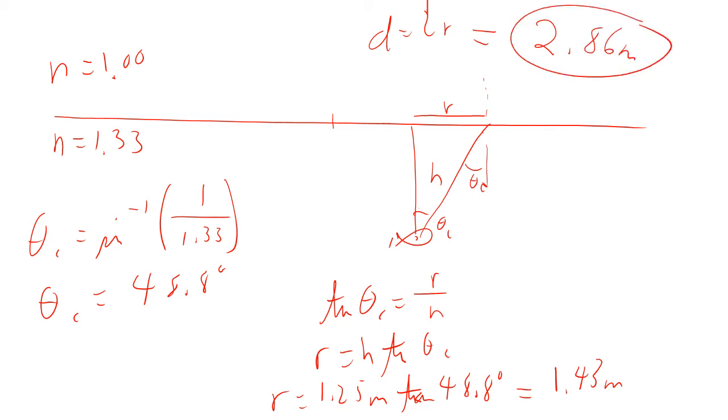So this is an example of total internal reflection. There's a couple other places we see total internal reflection.